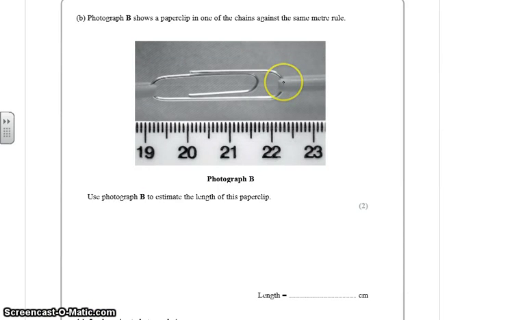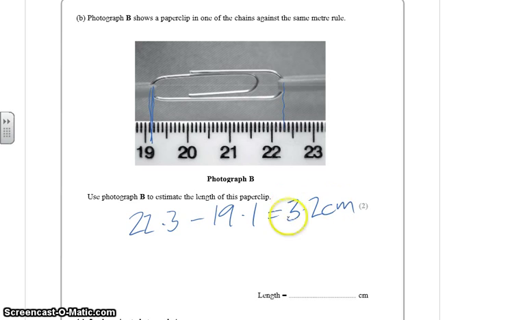So to estimate the length of this, we need to continue the lines downwards. Oops, it's not very clear, is it? There we go. Then hopefully you can see from this that it's 22.3 centimeters minus 19.1 centimeters, which is going to give us 3.2 centimeters.